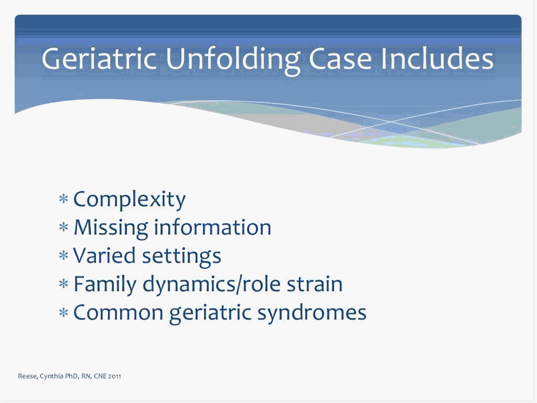And lastly, we focused on common geriatric syndromes such as incontinence, sleep problems, and those sorts of things. This is also focused on differences in responses of older adults to illness. That was something that the gerontologist felt that we needed to highlight. That's built into Millie.